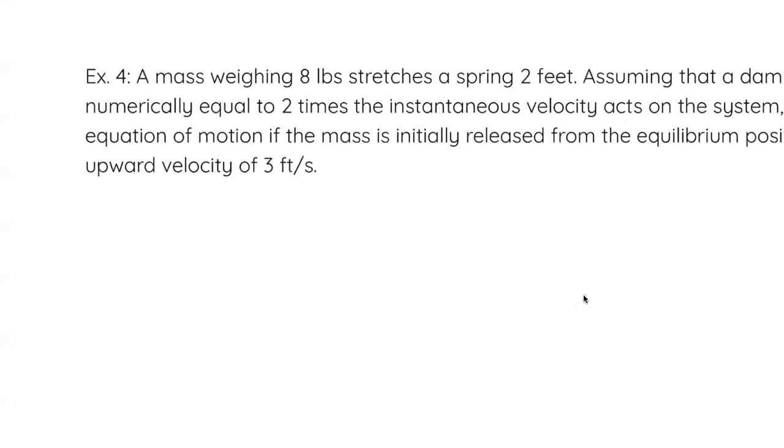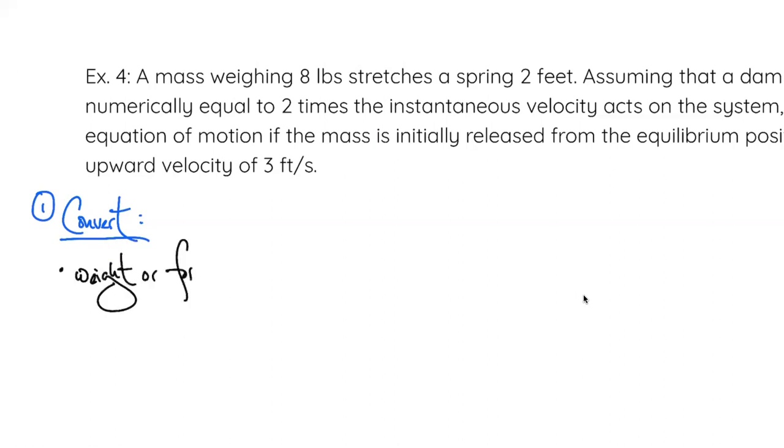So let's begin by converting as necessary. A good thing to start with: I see that the mass weighs 8 pounds, but I also know that means the weight, or force, is 8 pounds.